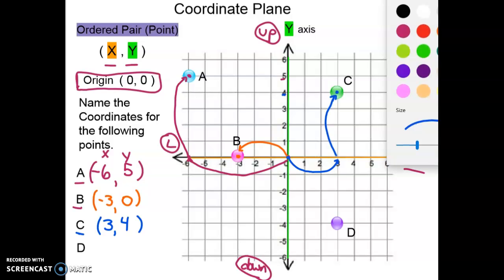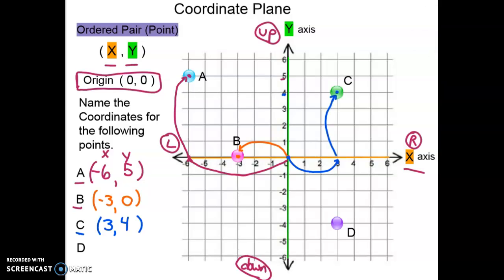Okay, one more. Let's go with green for this one. Now we're going to do D. D is down here, and again, this is the actual tinier little point we're looking at. Here's my set of parentheses, and my comma to separate my two. Again, we need the x and we need the y. We're going to start from our center and go in the x-axis direction, left to right, first.